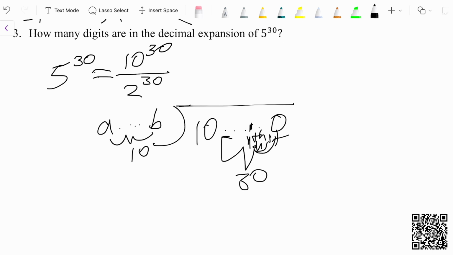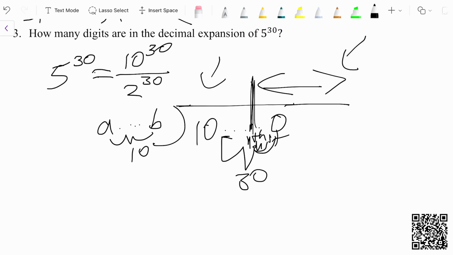So if we start at the 11th digit, that means that we have this whole left expansion. Since these 10 digits are already taken up, we can't argue for them anymore because this has already taken them up for the first one. So we have this much space for the quotient.